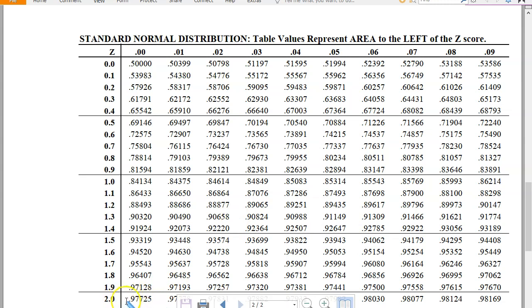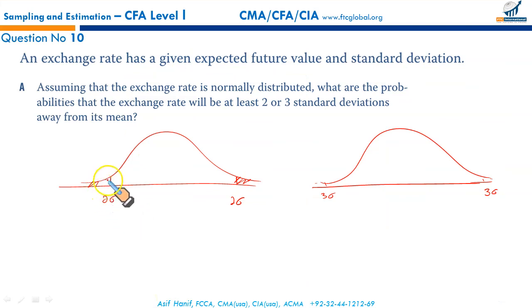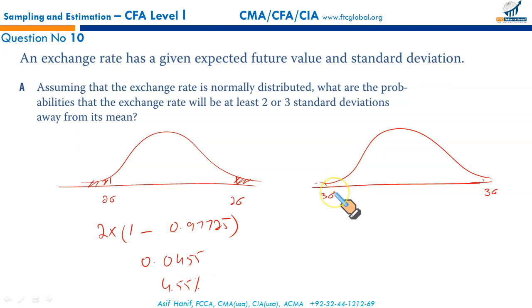For 2 standard deviations, it's 0.97725. So since it's in 2 tails, it's going to be 1 minus 0.97725, multiplied by 2. It's 0.0455, or you can say it's 4.55%. Let's do the same for the second part.